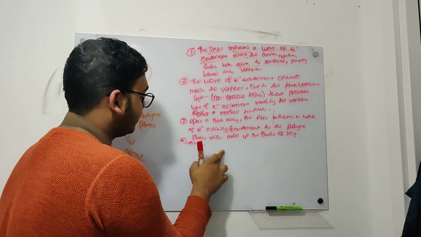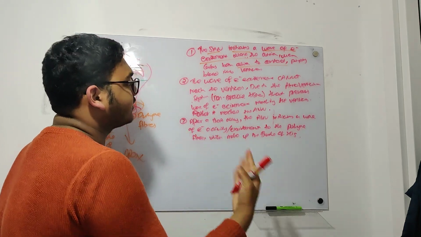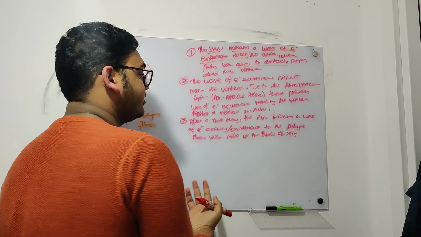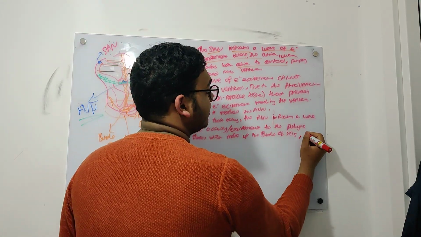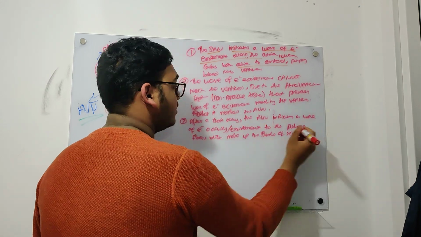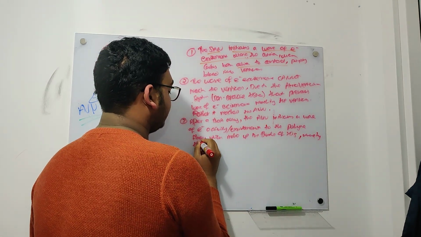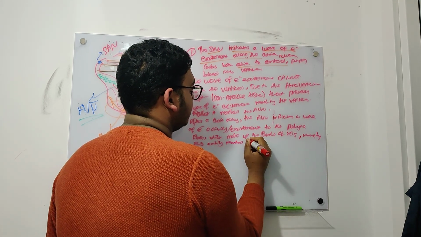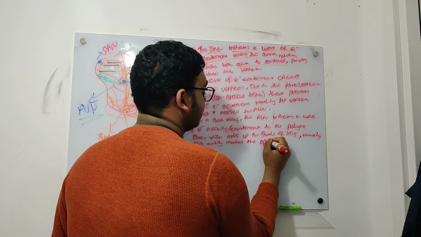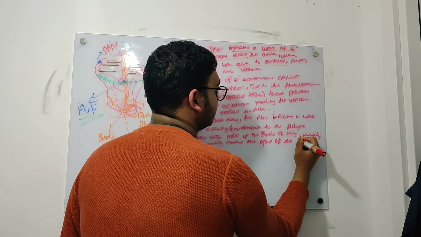To save some time, because you don't want to write wave of excitement over and over again, you can say which makes up the bundle of His, whereby this activity reaches the apex of the heart.